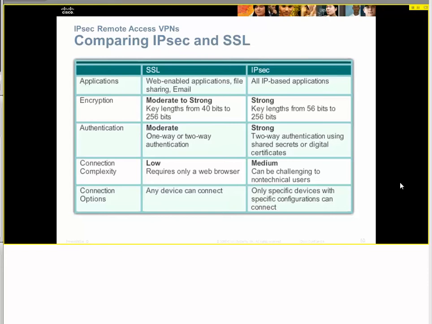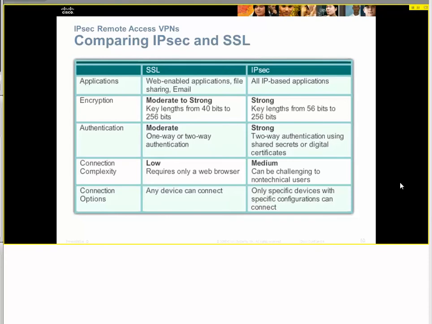It's extremely easy to use SSL to connect, whereas it's a lot more challenging to set up an IPsec connection. And with SSL, it's any device with a web browser that supports SSL, which could be your phone, your tablet, or your television.